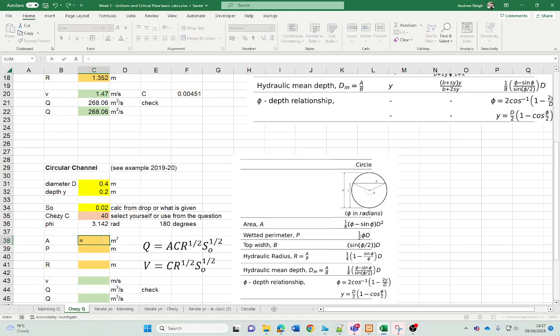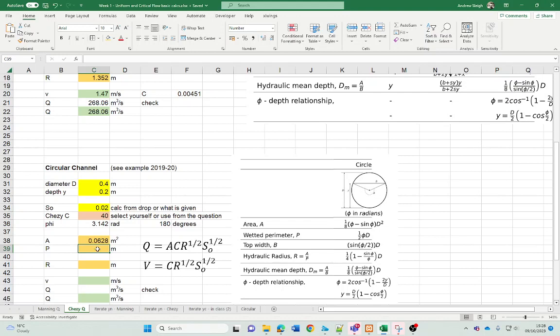So A is equal to (phi minus sine phi) times d squared divided by 8.